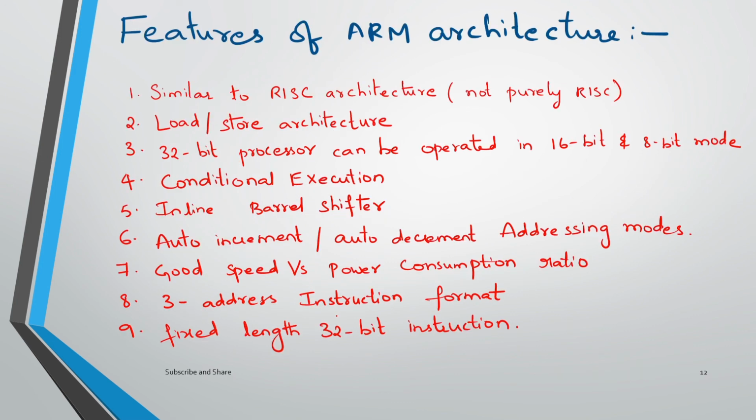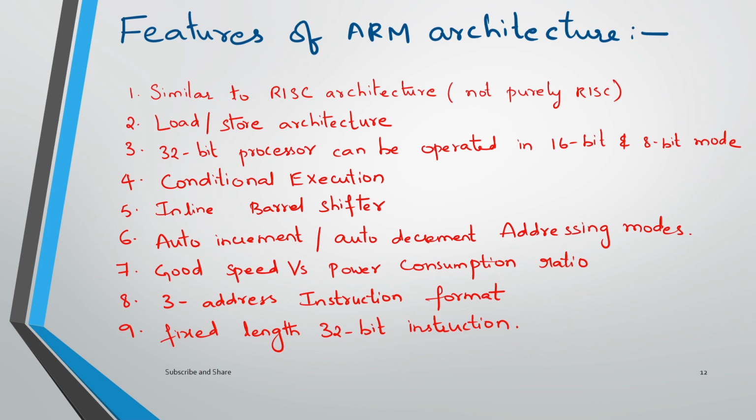So revising the main features of ARM architecture. First, it is similar to RISC architecture but not purely a RISC. Load and store architecture is implemented. It is a 32-bit processor and also 64, and it can be operated in 16-bit as well as 8-bit mode, nothing but Thumb and Jazelle mode.